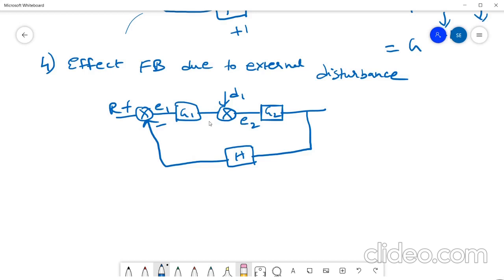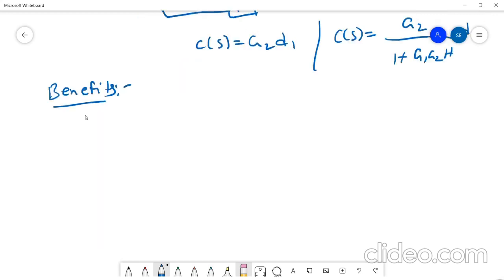Feedback, either positive or negative, can affect your system performance, right? So, coming to the benefits of feedback. From all these four performances, we can take accuracy.